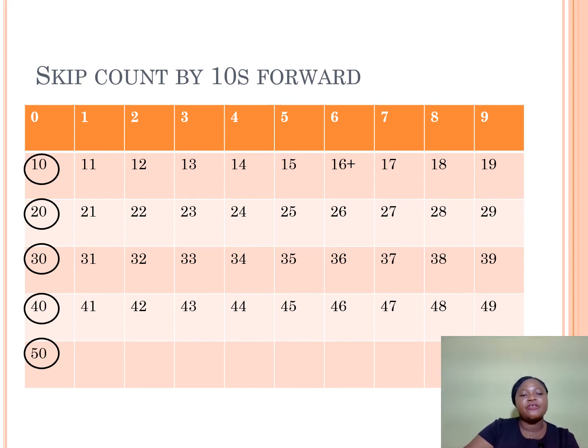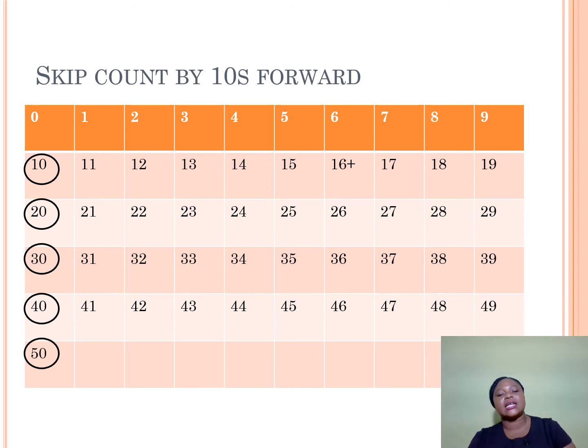We start again from 11. Let's go. 11, 12, 13, 14, 15, 16, 17, 18, 19. The 10th number again. We circle it and we got 20. So 10 plus 10 will give us 20.